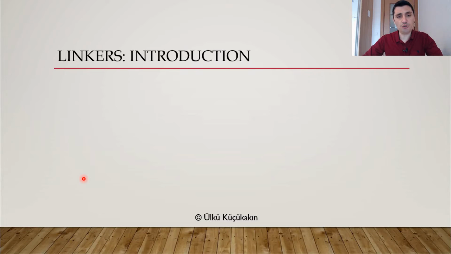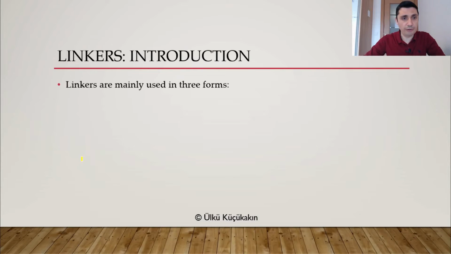Now, let's make a very short introduction to what they are. First of all, this is a very general introduction. Linkers are mainly used in three forms, but this is so important, everyone. They are used mainly in three different forms.